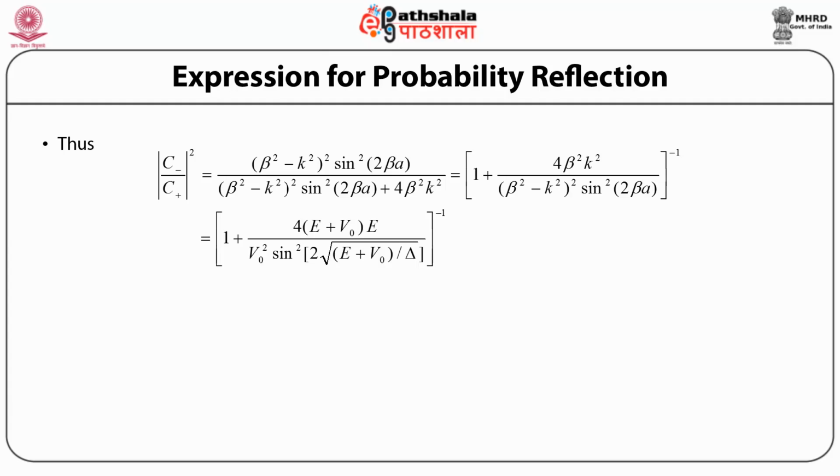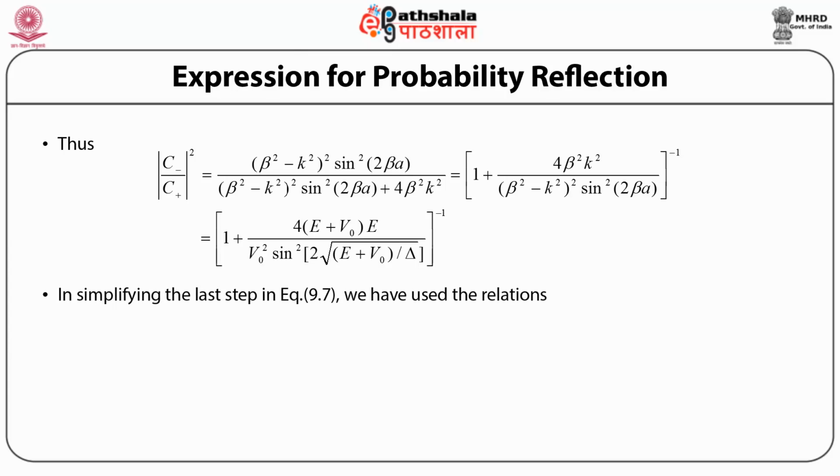This is equal to the inverse of 1 plus 4 beta square k square divided by (beta square minus k square) whole square times sine square 2 beta a. This is equal to the inverse of 1 plus 4 times E plus V naught into E divided by V naught square, times sine square within the brackets 2 times square root of (E plus V naught) divided by delta.